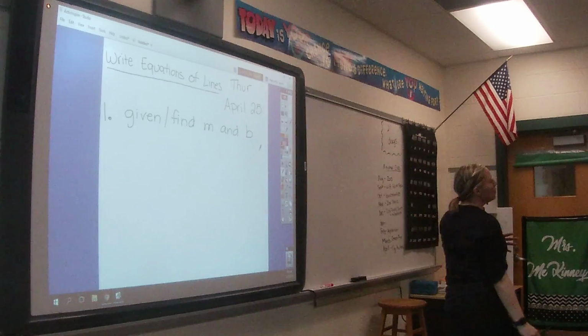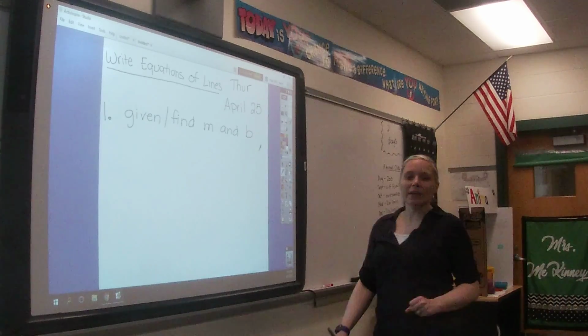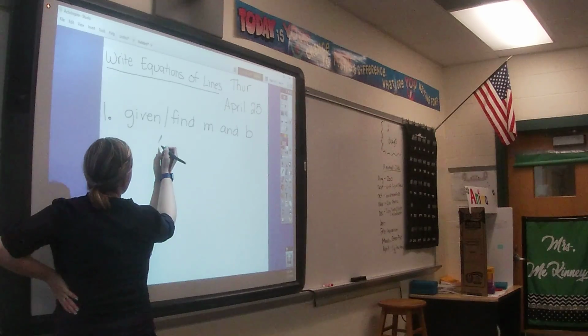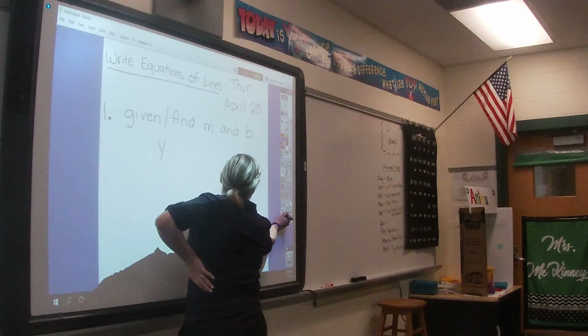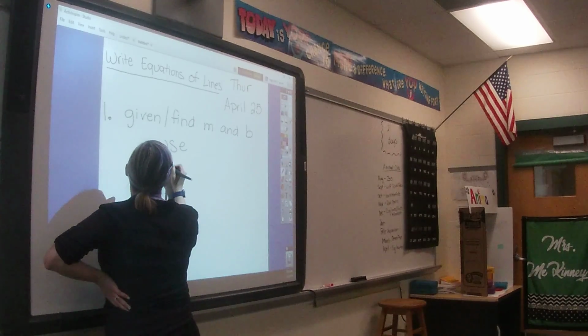This is our super simple, most basic points we should be guaranteed that we will get right, because if we are given m and b, all we need to do is plug into slope-intercept form.